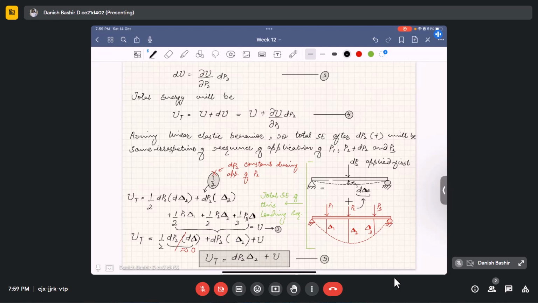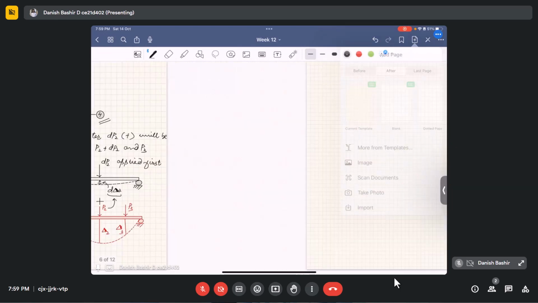We will take equation 4 here and equation 5 here, and as both left hand sides are equal, we can equate them.